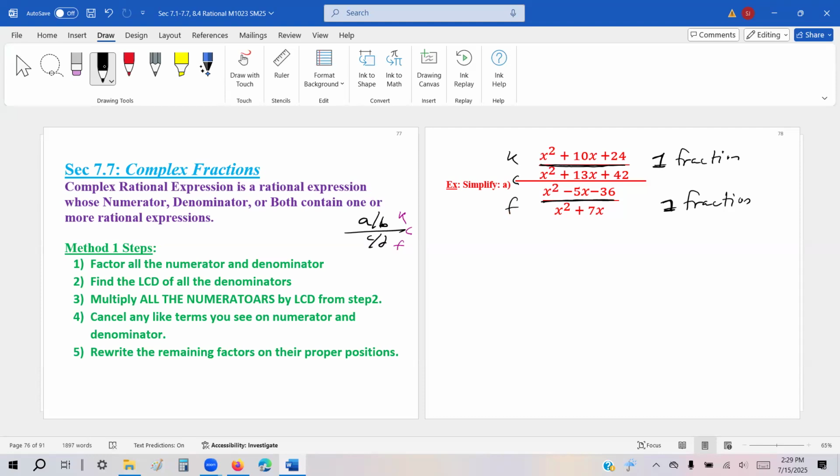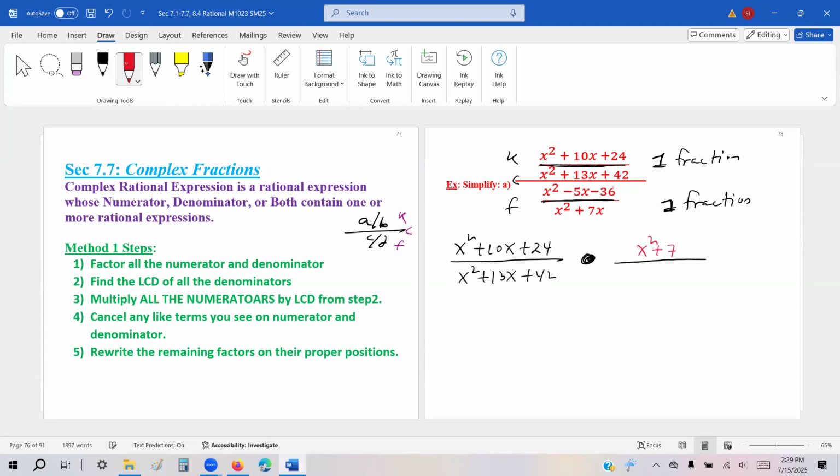So we are going to keep the numerator, x squared plus 10x plus 24 over x squared plus 13x plus 42. Change the division sign into multiplication and flip the denominator.